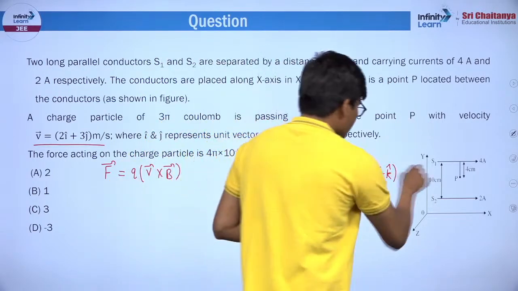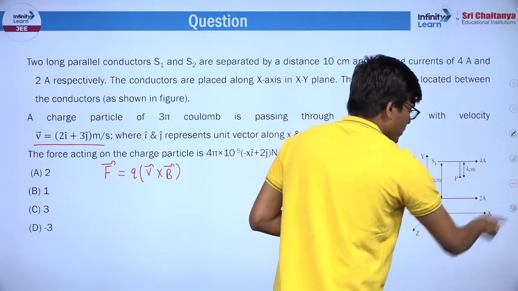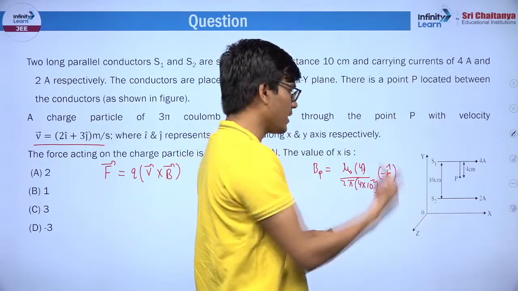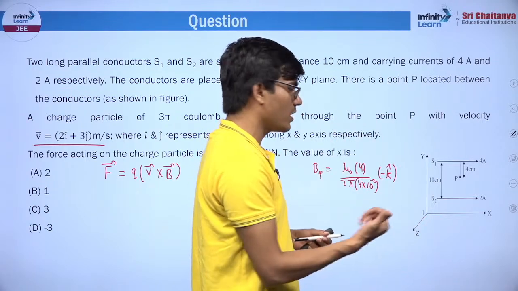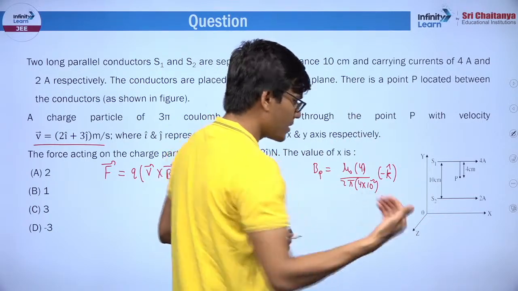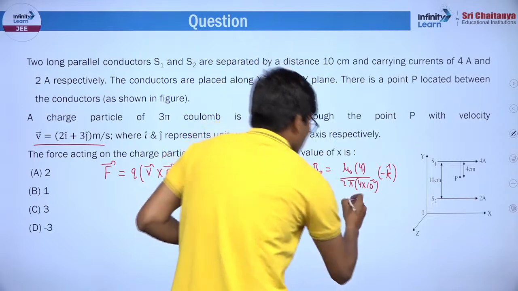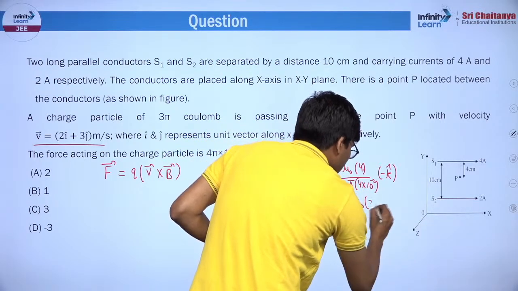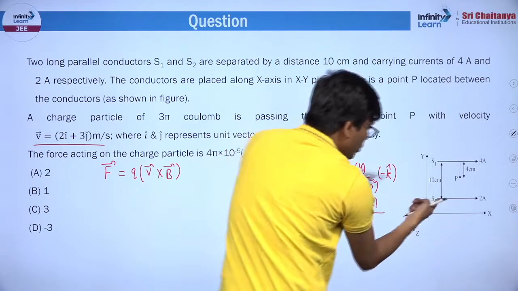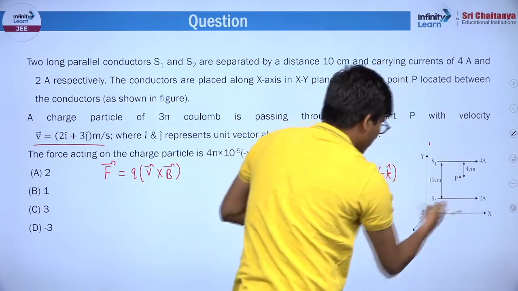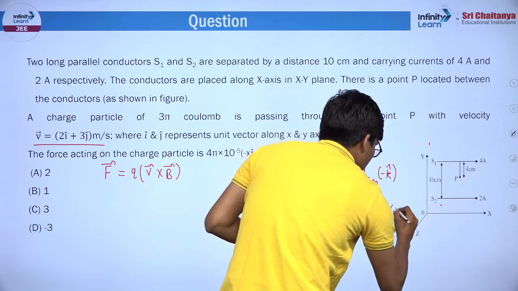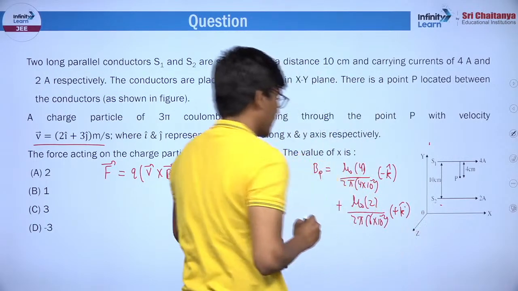This is the field only due to this 4 ampere. For this 2 ampere wire, dl is in the upward direction, so dl cross r is outward, meaning k cap direction. The magnitude is mu naught I upon 2 pi, total distance is 10, this is 4, so remaining is 6 centimeter, and the direction is outward, that is plus k cap.